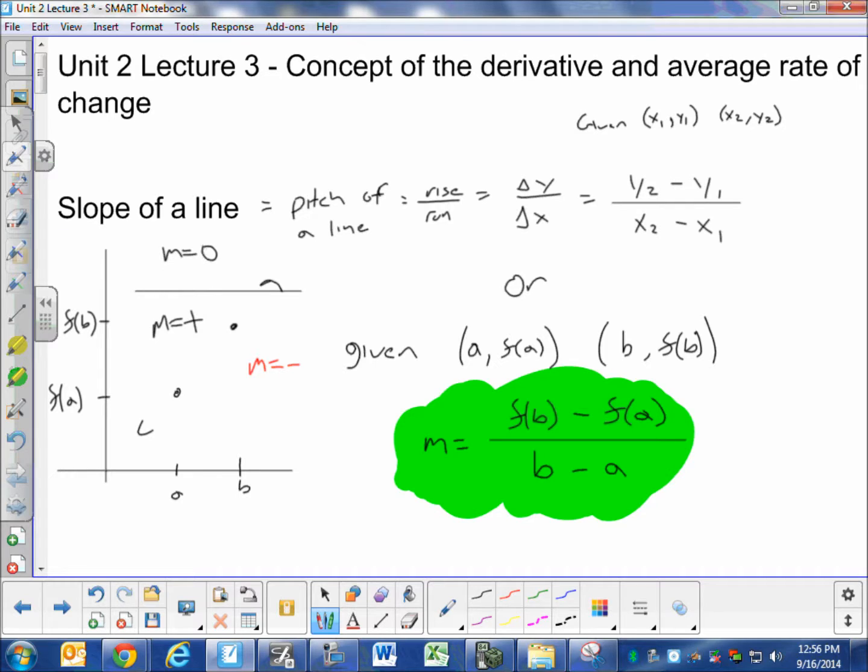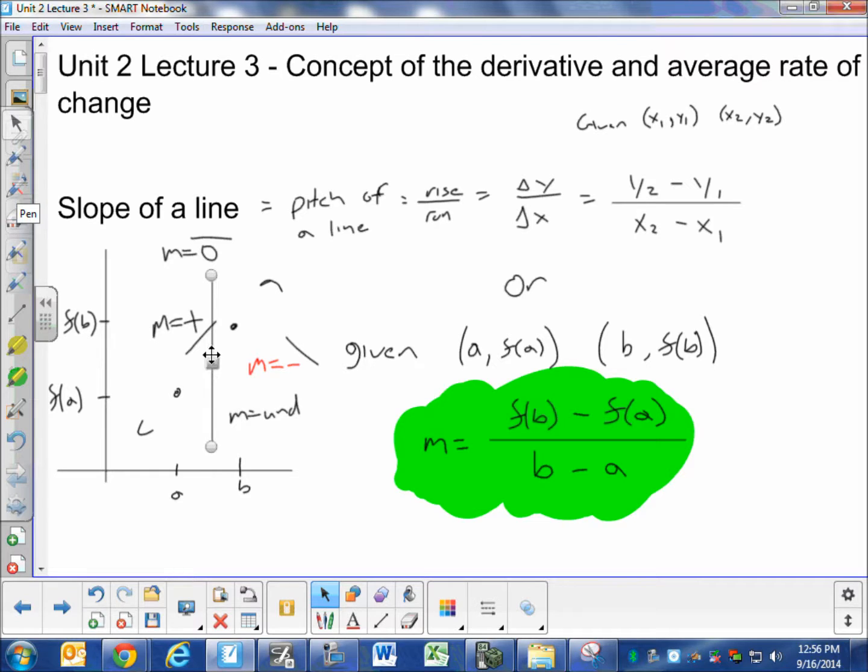Slope is 0. And a slope that is straight up and straight down would be undefined. Okay, just be comfortable with that. Positive goes up, negative goes down, 0 is flat, undefined is vertical.